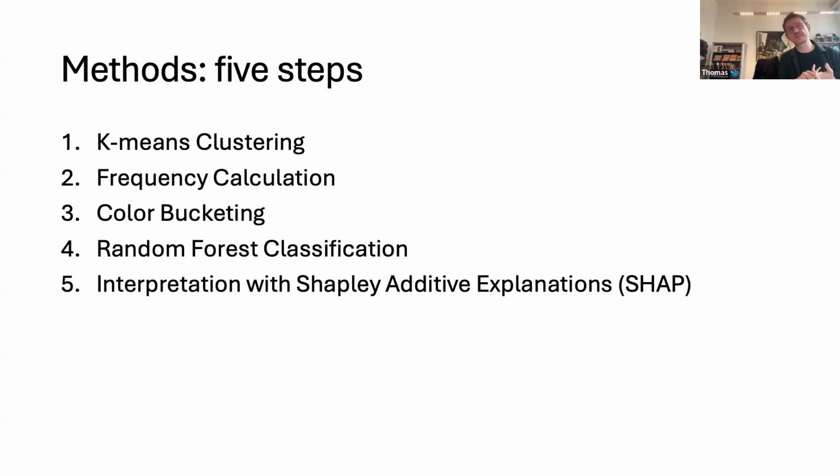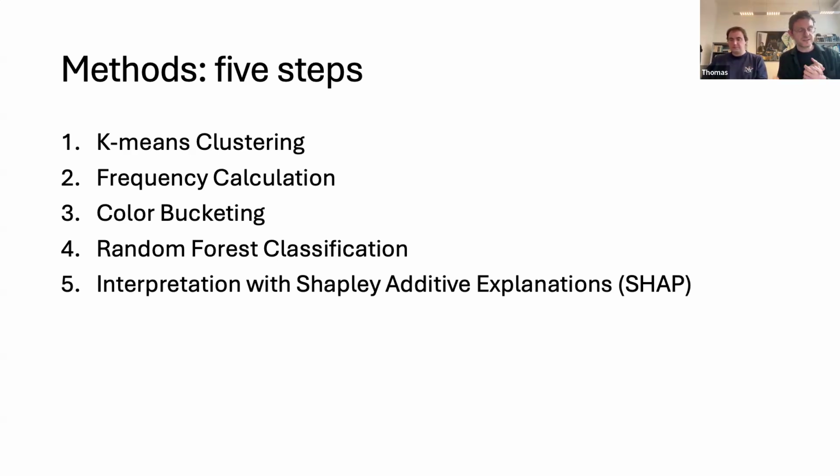So the 5 steps entailed k-means clustering to extract dominant colors from each image. So basically the colors that were most present in each image. Then we calculated the relative frequency of these colors, so how present was each color in the image.